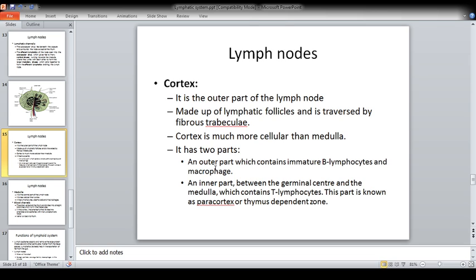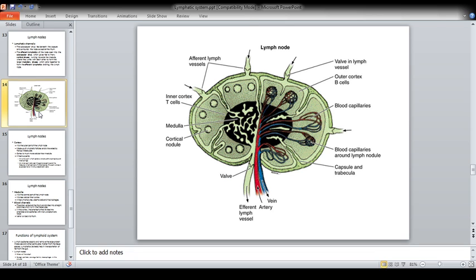So the outer part would contain immature B lymphocytes and macrophages. Macrophages engulf larger protein particles or bacteria or byproducts of broken down cells, and are present here in the outer part along with immature B lymphocytes.